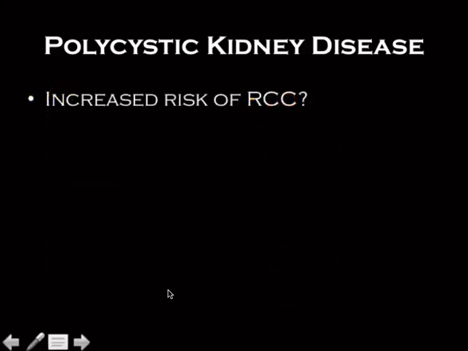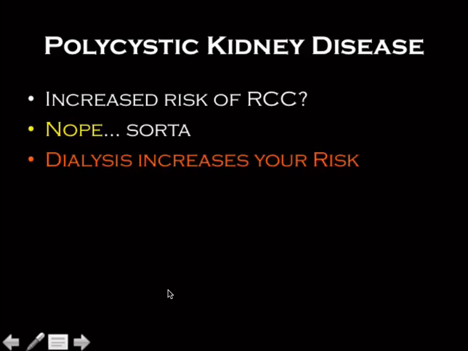So does polycystic kidney disease increase the risk of renal cell carcinoma? This is a great trick question. It doesn't, but it sort of does. So polycystic kidney disease does not in itself carry an increased risk of renal cell carcinoma. However, dialysis does.